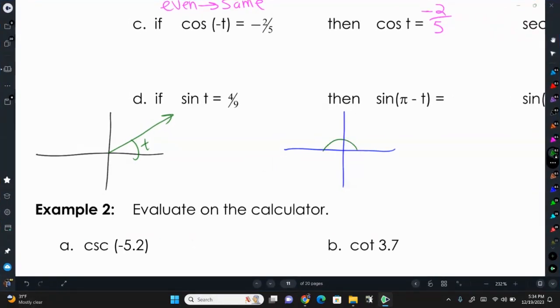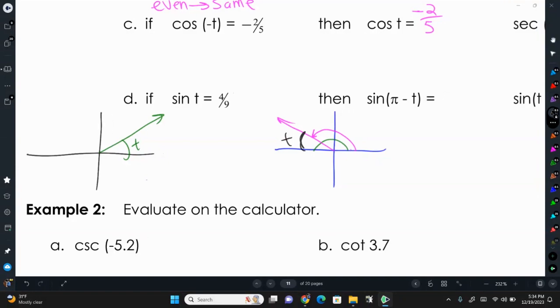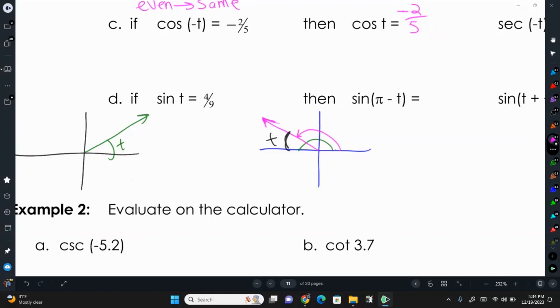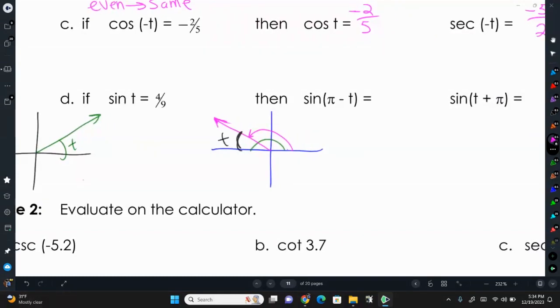Like this would be pi. But now if I subtract that angle t that I drew over here, it's going to come up like this. So then this is my actual angle because I subtracted this angle, which was t. Our y values in this quadrant, because my pink angle is the angle we're asked about, that y value is still going to be positive. So it's going to be 4/9.